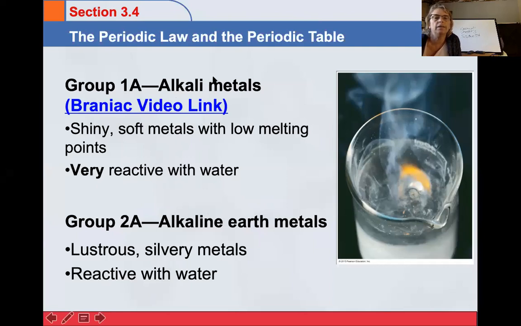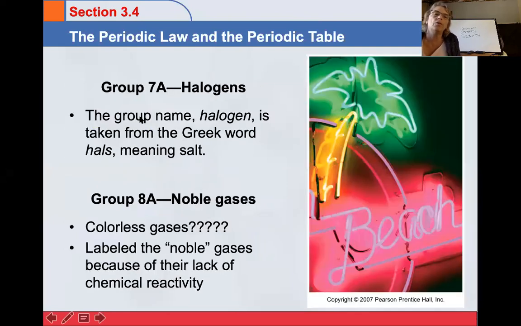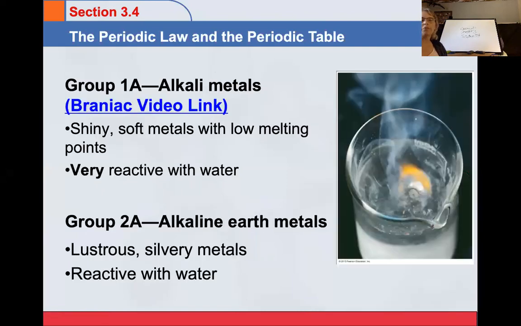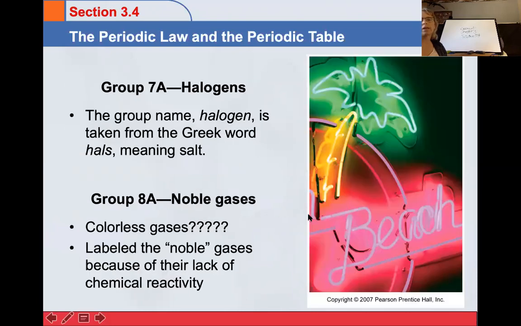So alkali is group 1A, alkaline earth metals is group 2A. And then all the way on the other side of the table, the next to the last group, 7A, are called the halogens, and group 8A are called the noble gases. So these 4 groups have specific names: alkali metals, alkaline earth metals, halogens for 7A, and noble gases for 8A.